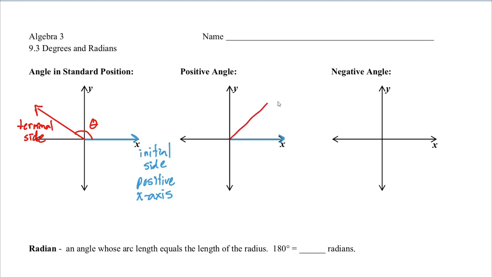And a positive angle is going to be counterclockwise. So when we go this way, that is creating a positive theta. That is counterclockwise. We know what counterclockwise means, yes? And so when we go the other direction, when we go clockwise, that generates a negative theta, or a negative angle, negative theta.